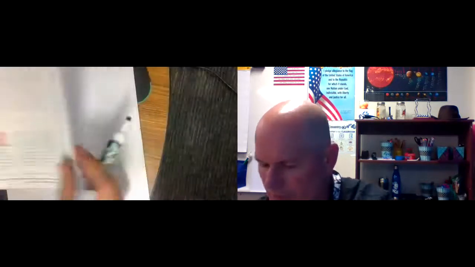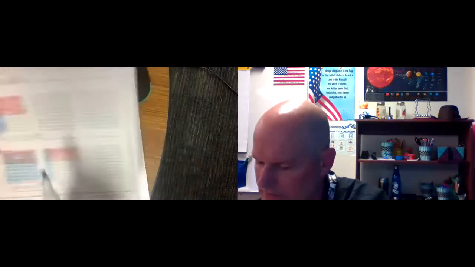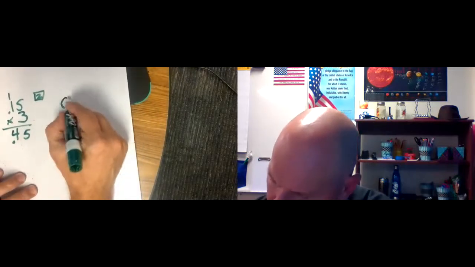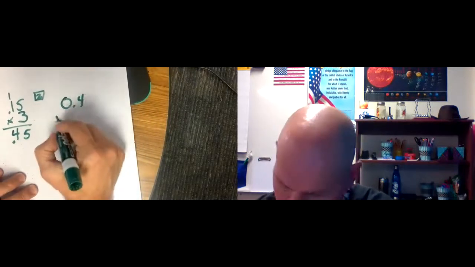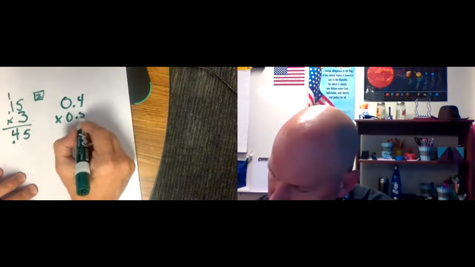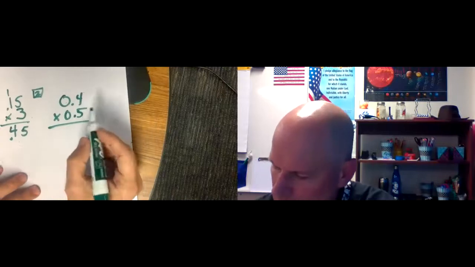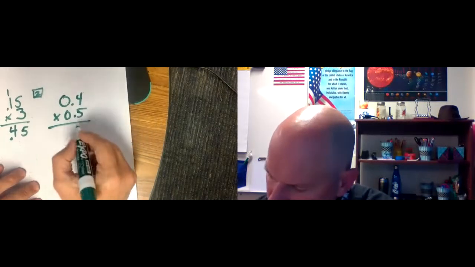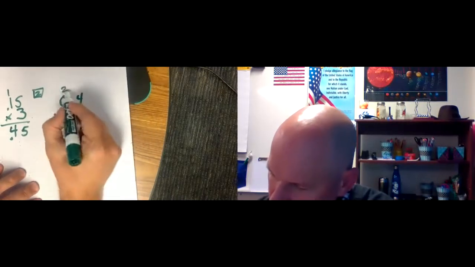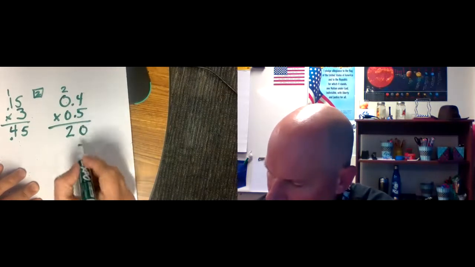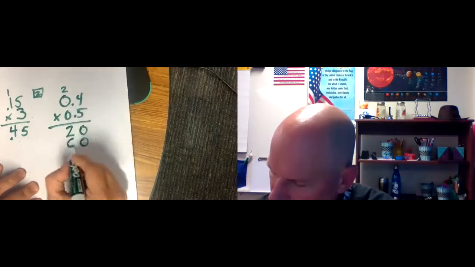Next, we're going to check 4/10 times 5/10 using our standard algorithm. So we have 4/10 times 5/10. Work it just like we would a normal multiplication problem. 5 times 4 is 20. Let's see, regroup a 2. 5 times 0 is 0 plus 2. Drop a 0. 0 times 4 is 0.